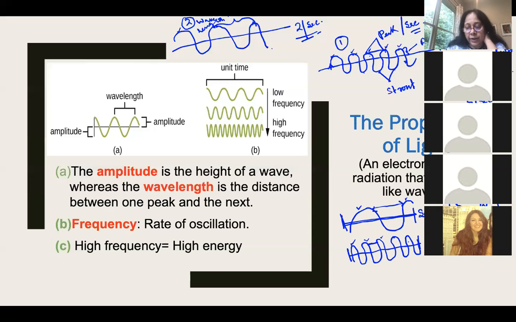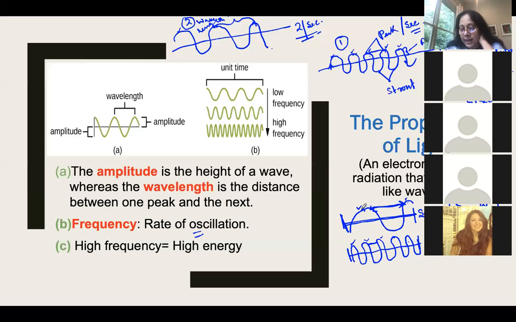So you got frequency, right? Frequency means rate of oscillation, means how many peaks it is going to make. That's the frequency. And wavelength means the distance between two peaks. If you compare these two pictures, in both the cases, the distance covered by the light is the same.